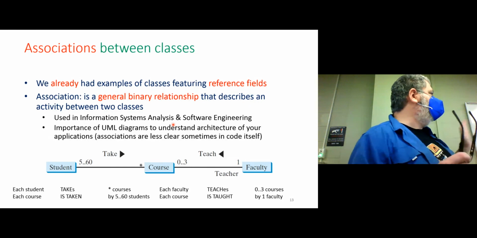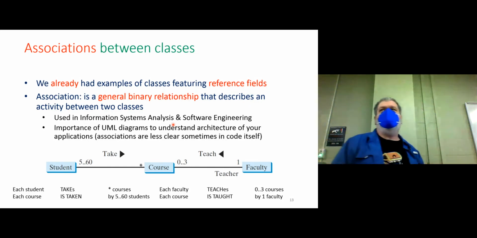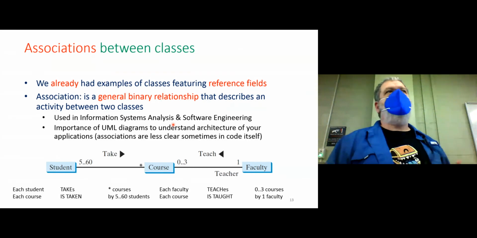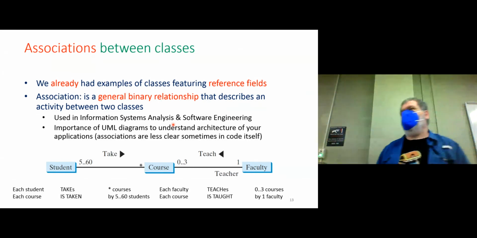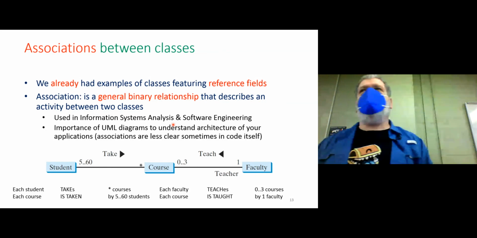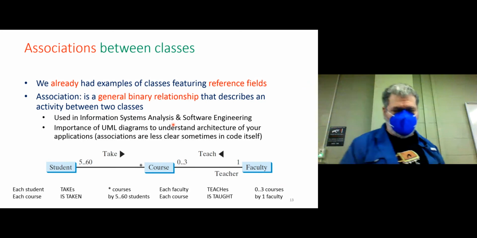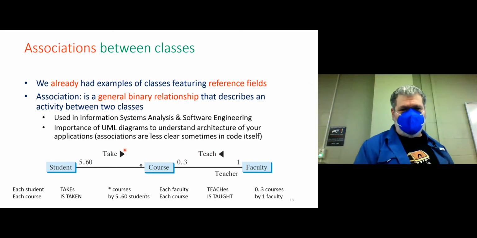And then we can read it the other way, saying that each course is taken by between 5 to 60 students. If we have less than 5 students, the course is not offered, it's cancelled. If we have 60 students, that's it, the cap for the course is filled. I don't know what university has 60 students as a cap, but it's not the case here, definitely, you know that.